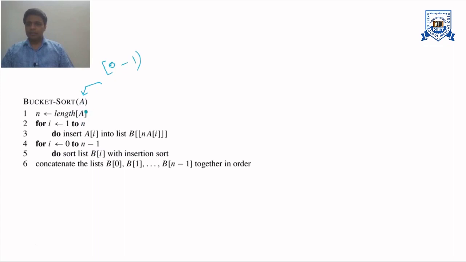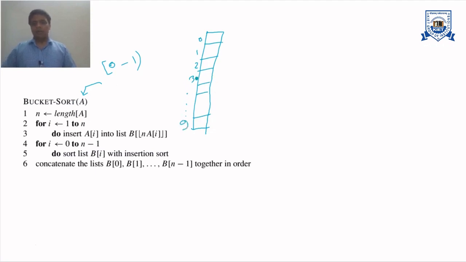So in this algorithm, simply what we do is create buckets of some numbers. How many buckets are we going to create? In the case of the decimal number system, we would create 10 buckets: 0, 1, 2, 3, up to 9.